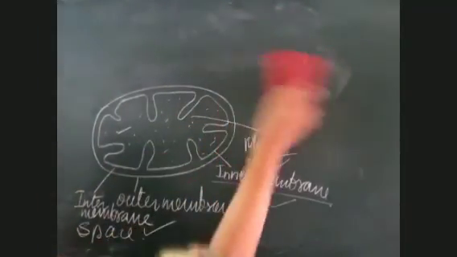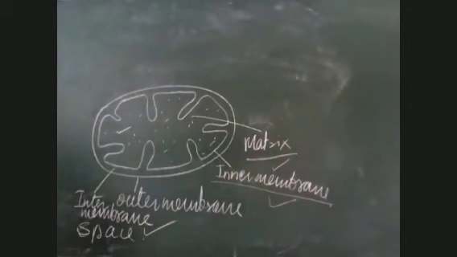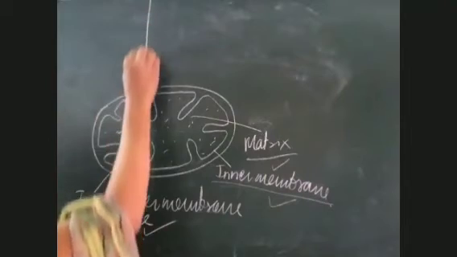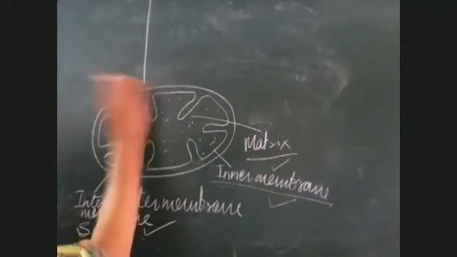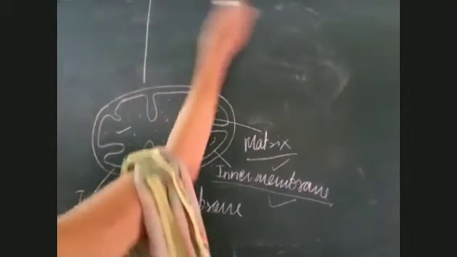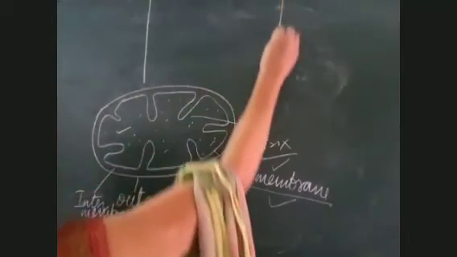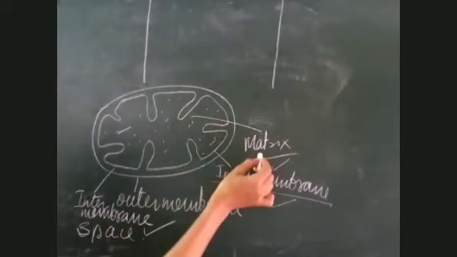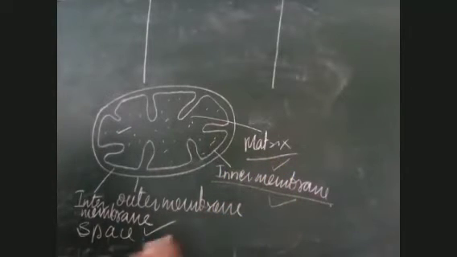Now, how these three parts carry out the process of electron transport system, I'm going to tell you. So for that, I'll draw three parts. Here the first section, this is the second section, and that is the third section. The matrix, the inner membrane, and the intermembrane space participate.